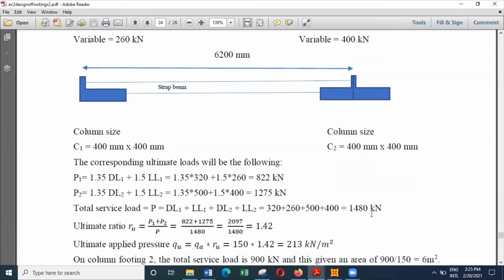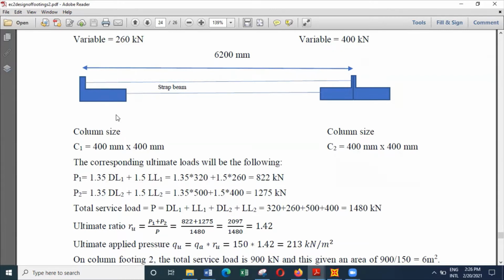So if you have gone for a very marginal case where the soil pressure under these footings will be 150, then the ultimate pressure that is applied from below will be 213 kilonewtons per meter squared. And you also know the allowable bearing capacity is 170.